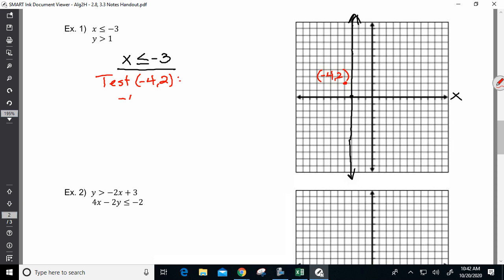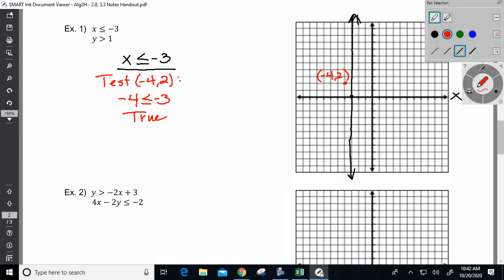You just have to tell me what you pick and show me what happens. -4 less than or equal to -3 is valid. That means everything to the left of that line is going to get shaded. So let's go ahead and shade that in yellow.